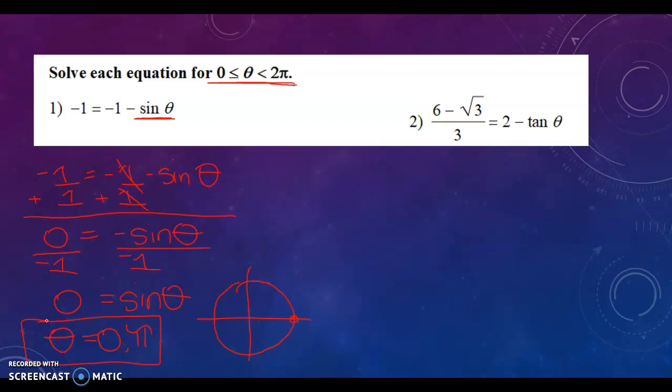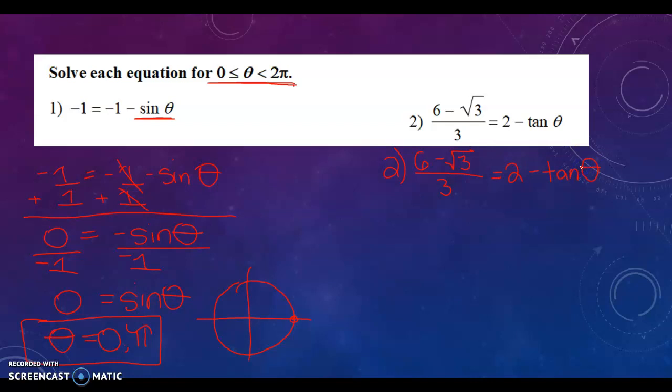Now if we look at the next problem, this time we want to solve for tangent of theta. So we're going to treat this just like we have before. I'm going to go ahead and rewrite the equation, question 2. So I have 6 minus the square root of 3, all of that over 3, equals 2 minus tangent of theta.